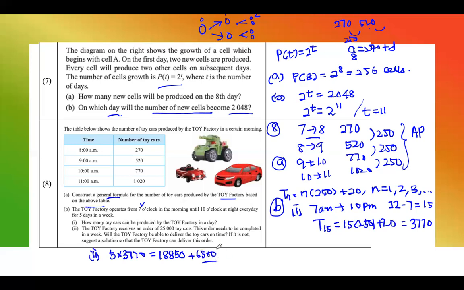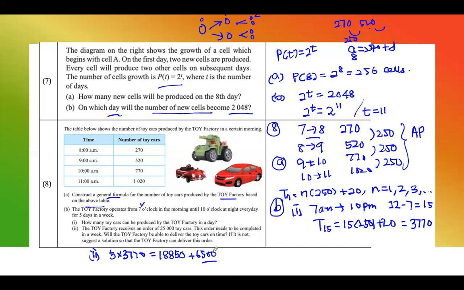So we are still short of about 6,000 toys. The question asks, if not, then what is your suggested solution so that the toy factory can deliver this order? So a day is 3,770, right? But if they want to meet the order, they can work 7 days a week, then the problem can be solved, right?